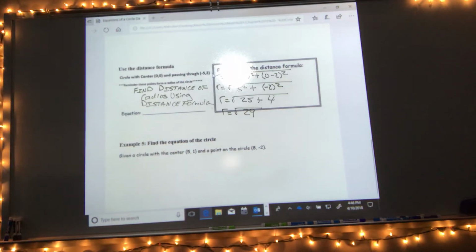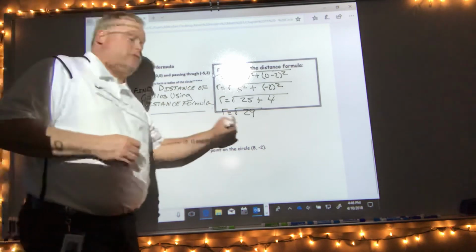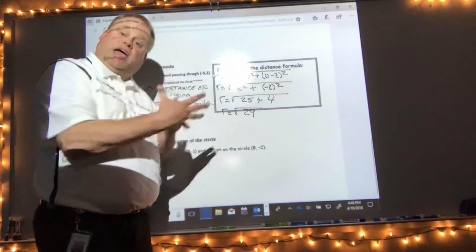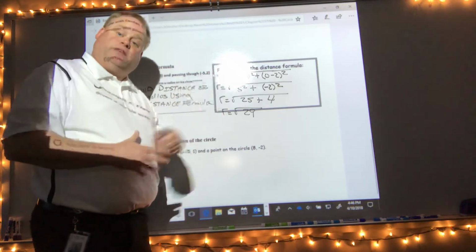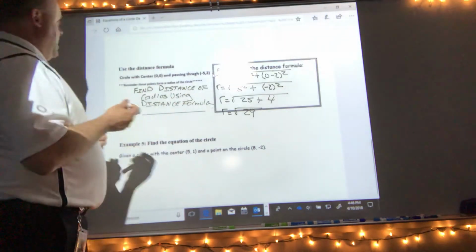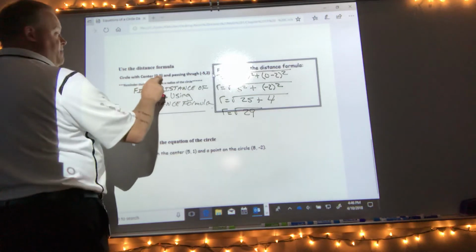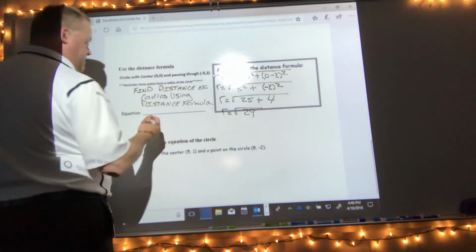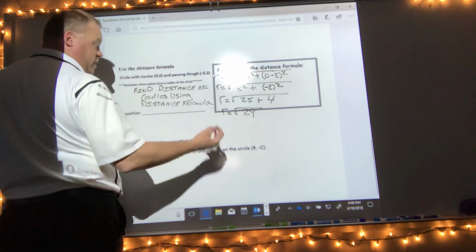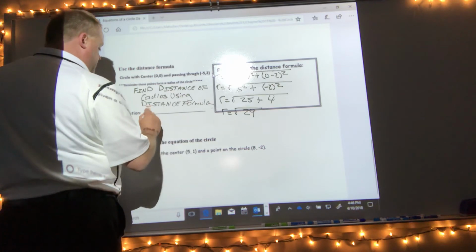So when I look at this, I now can plug this in. This is my radius. So I can plug everything I have right now into the equation. I can do that by taking my center. Well, my center is 0, 0. So let's plug everything in.